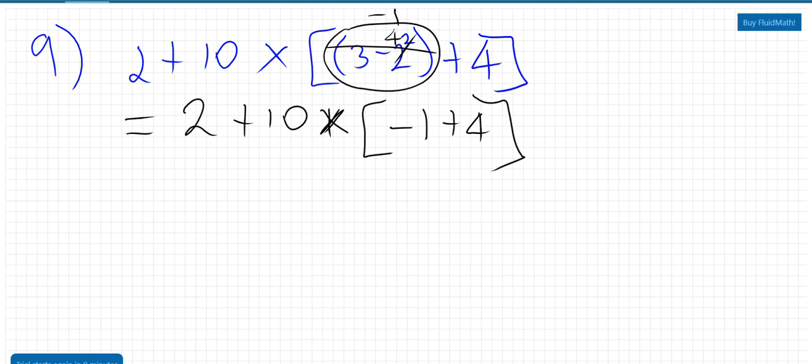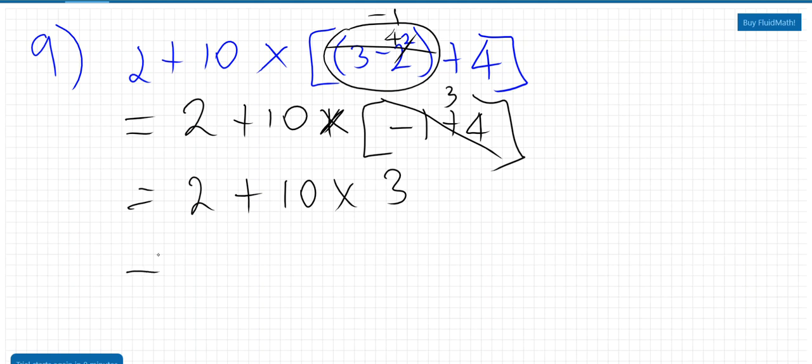Okay, I still have brackets. Now what is minus 1 plus 4? Well, that's going to be positive 3. So 2 plus 10 times this whole thing is going to be 3. So times a positive 3. The positive is invisible, so it just times by 3. And now the last bit, don't forget times comes first.